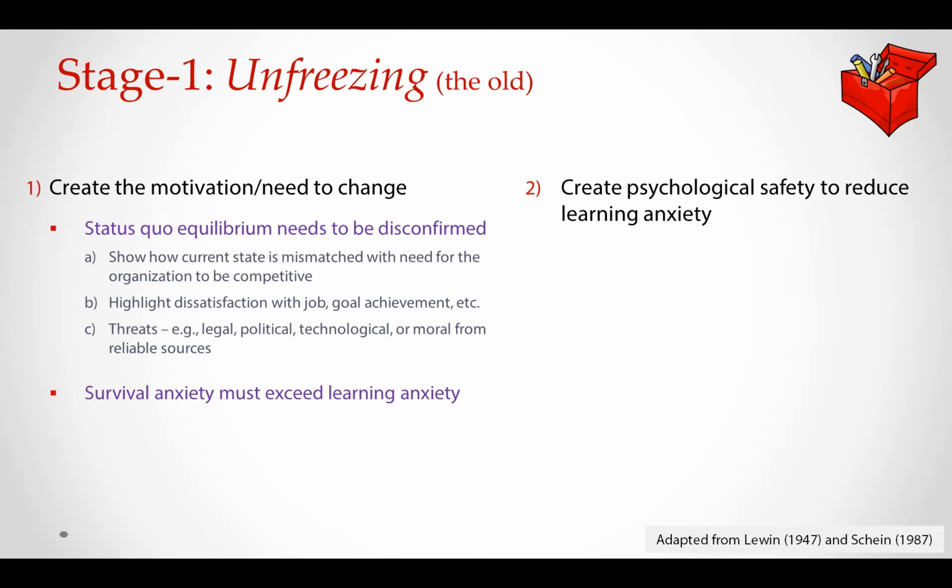Whether we will survive in the marketplace of the future with the current capabilities that we have, right? So you can show them some difference between what is required and what is the existing state of affairs. You can highlight some aspects of dissatisfaction that they have in the job, in terms of maybe the job profile, the work culture, the products that they're working with, the paycheck, any of those things.